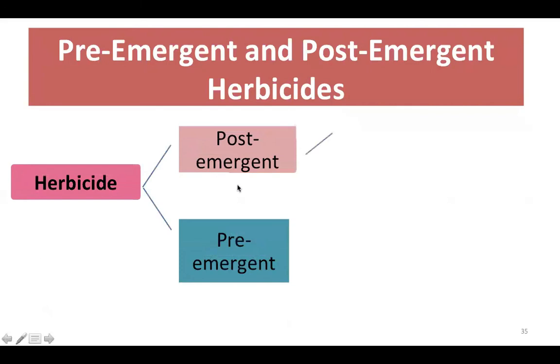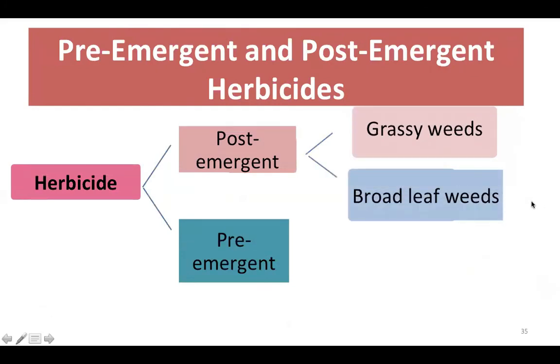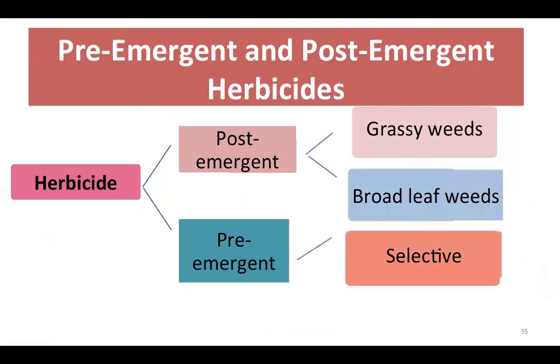The post-emergent class is further subdivided into those for grassy weeds and those for broadleaf weeds. These herbicides have direct contact with post-emergent application or mode of action in these two types of weeds, whereas pre-emergent herbicides directly affect the mode of action in their selective as well as non-selective nature.